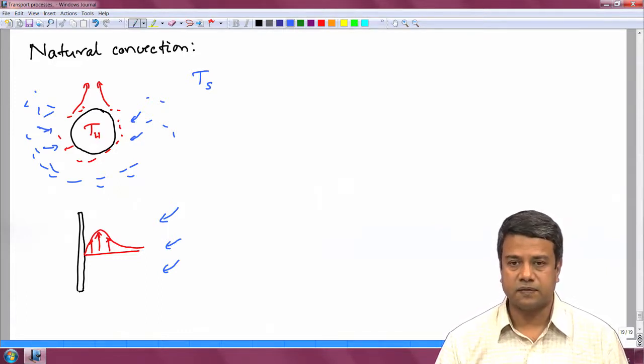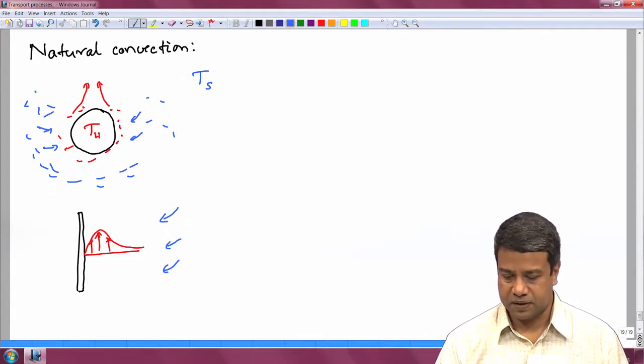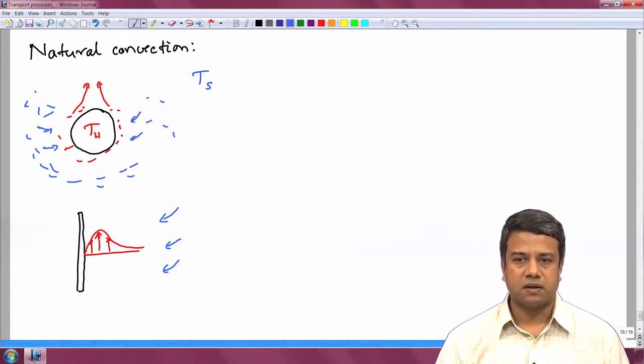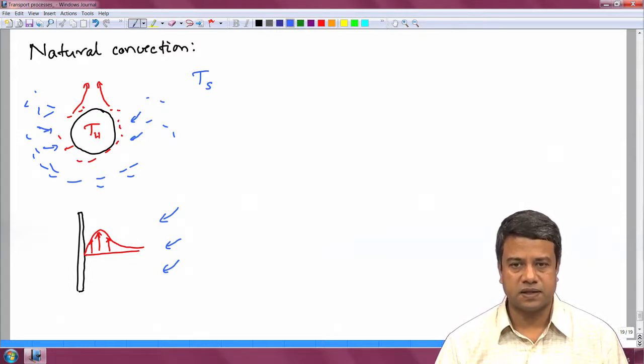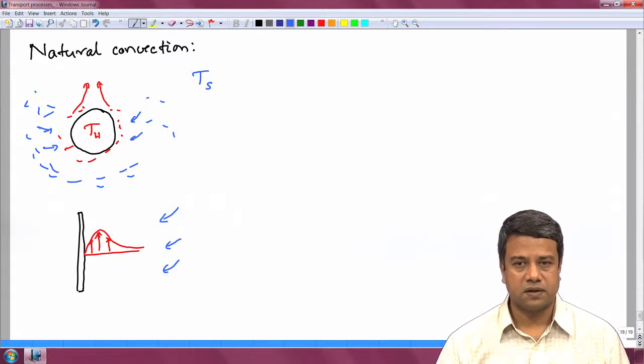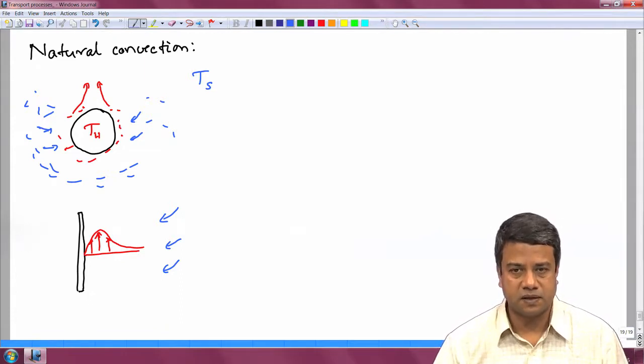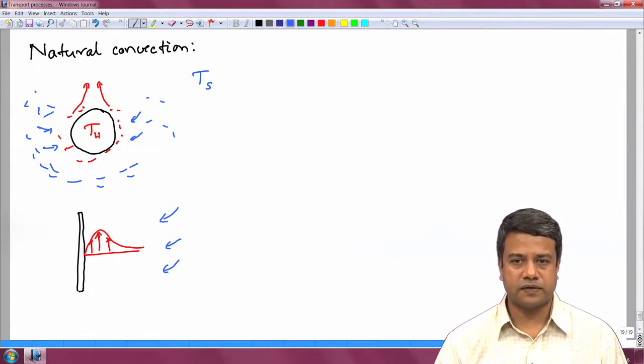Therefore, we need a way of estimating the velocity itself before we can go ahead and write down dimensionless numbers to describe the natural convection process. Now, the velocity is of course created by the buoyancy forces, the buoyancy force density, and therefore, the velocity will be determined from the buoyancy force density balanced by some other terms in the momentum conservation equation.